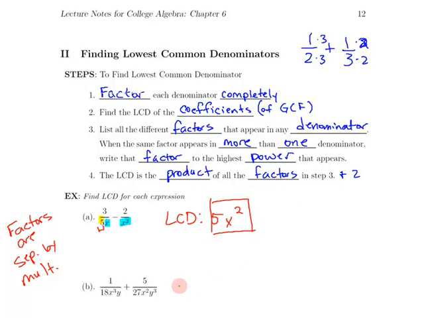We can go ahead and do example B, same way. We're going to find the LCD. We need to find the lowest common denominator of 18 and 27. So 18 and 27. What number do both 18 and 27 go into? Again, the shortcut that I use is I start taking multiples of the highest number.